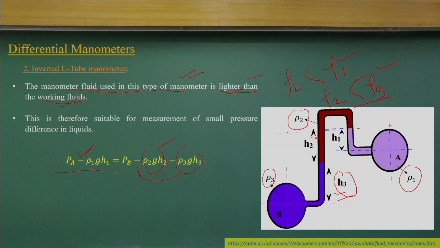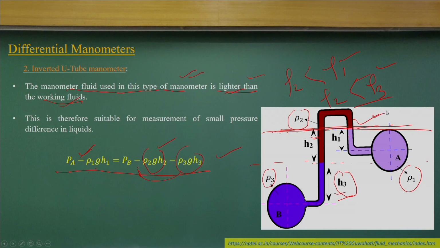So, you can write these pressure equations for an inverted U-tube manometer, considering this as the surface where you equate the pressure. You can consider any other location, it does not matter; you only have to follow a sign convention, the positive and negative sign of h.